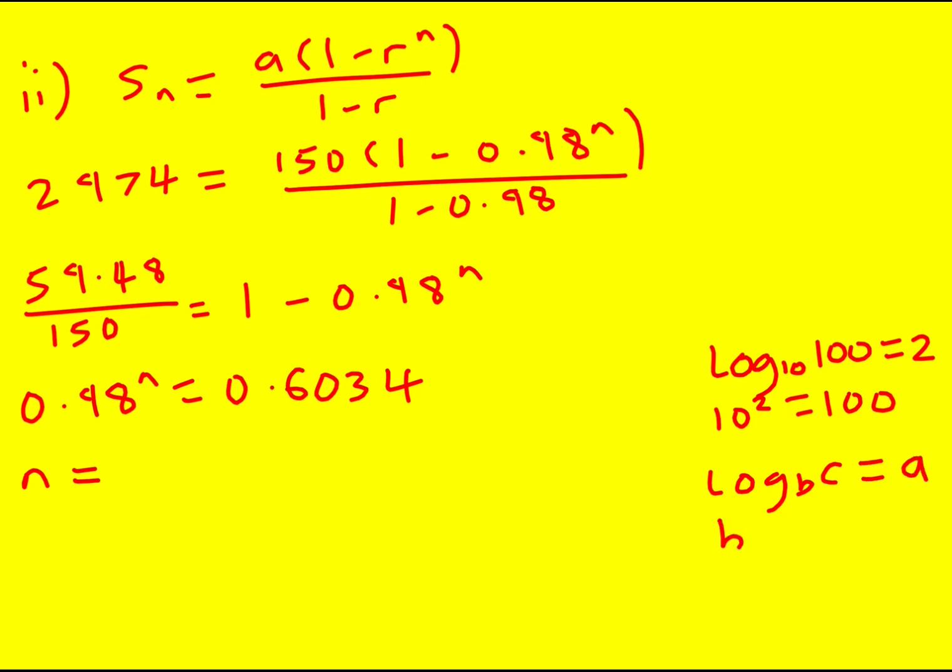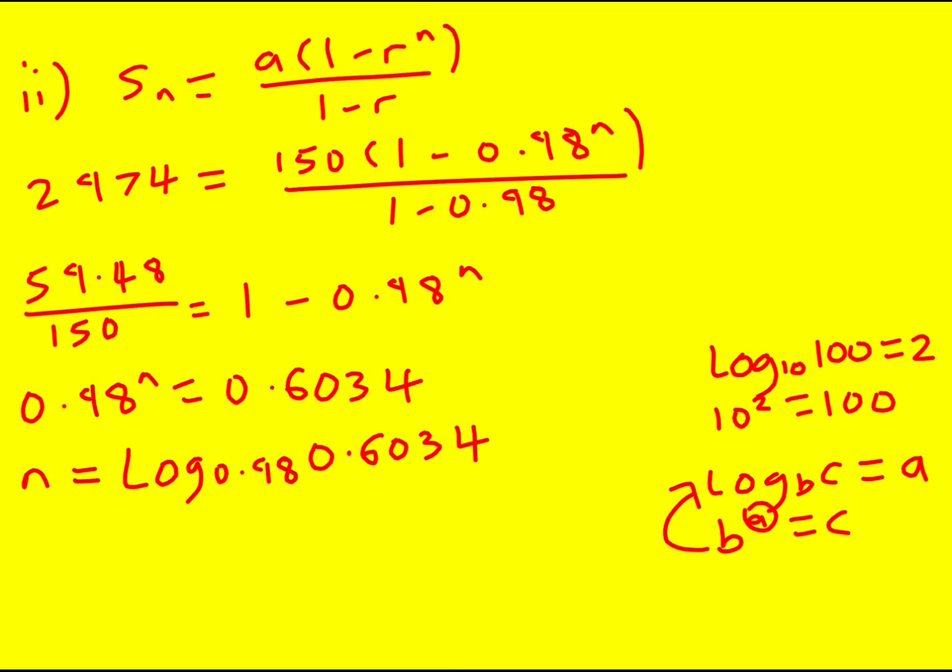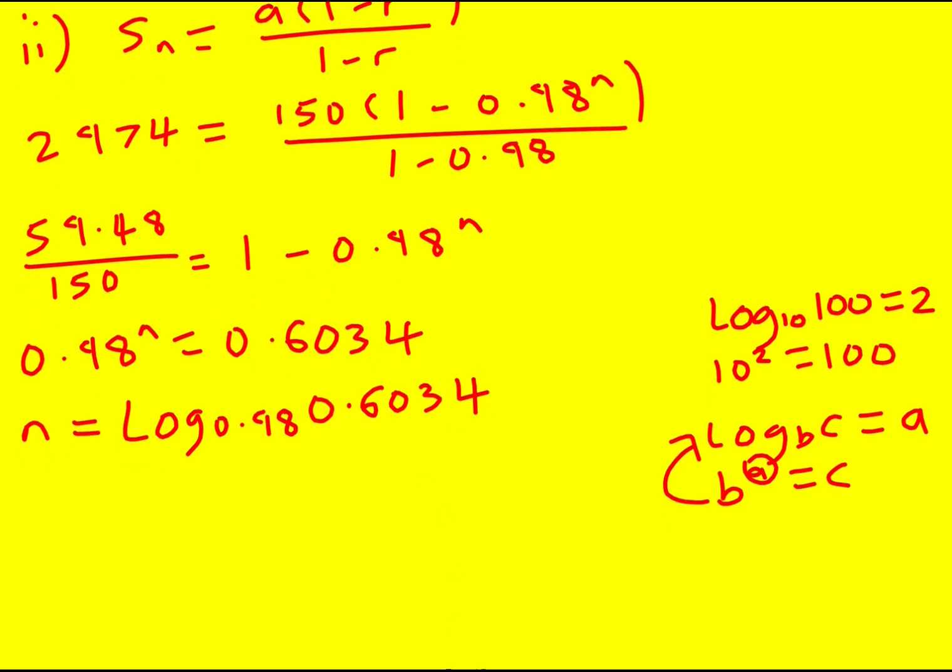That is the same as saying that b to the power a is equal to c. So when we have something like this, we can go backwards. We want to work out what n is. Well, it's going to be log to base 0.98 of 0.6034. We can just put that directly in our calculator.